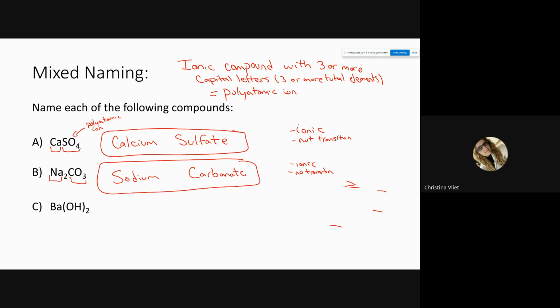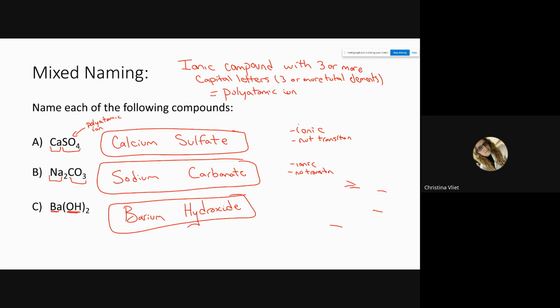And then finally Ba(OH)2. Barium. OH2. All right, so in this case, it's easy to find the polyatomic ion inside the parentheses.